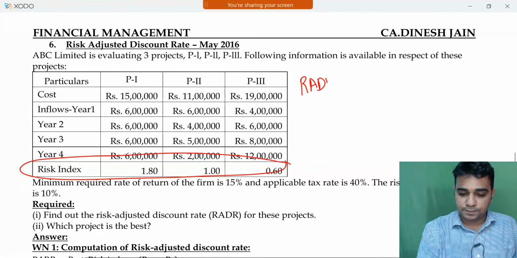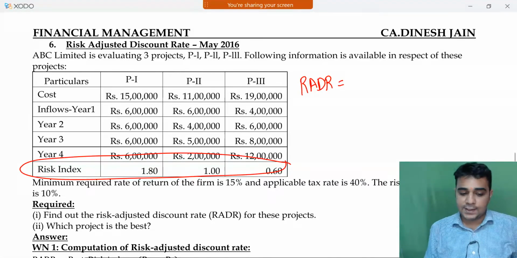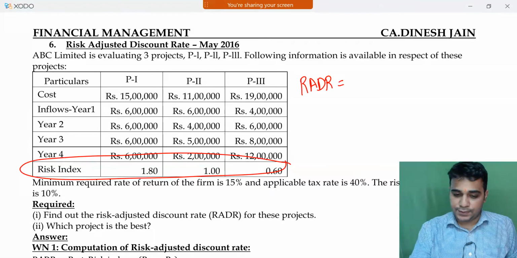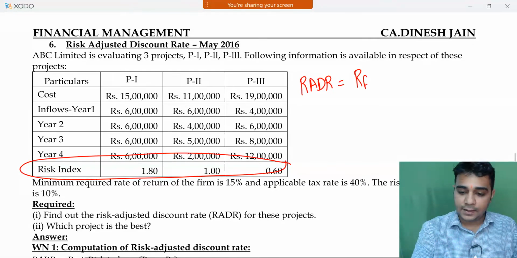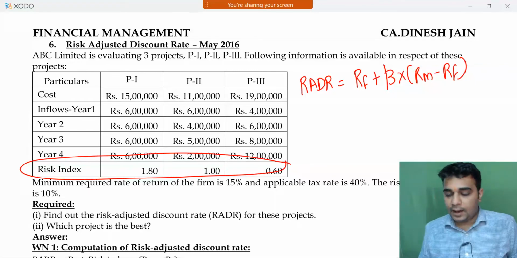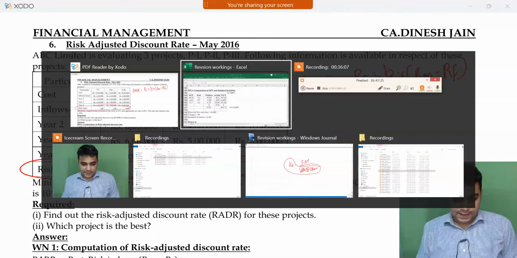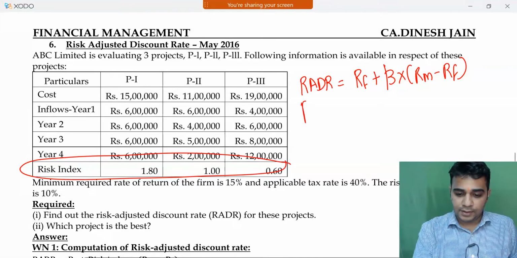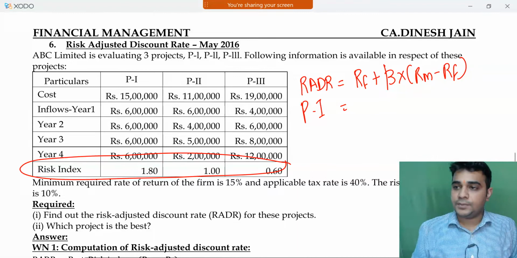RADR is equal to, in this question, RF plus beta into RM minus RF. Project 1.